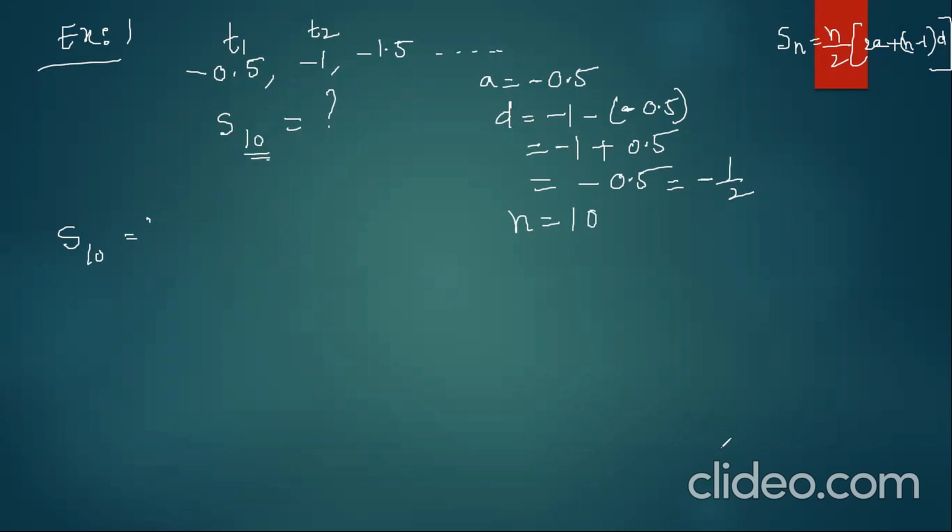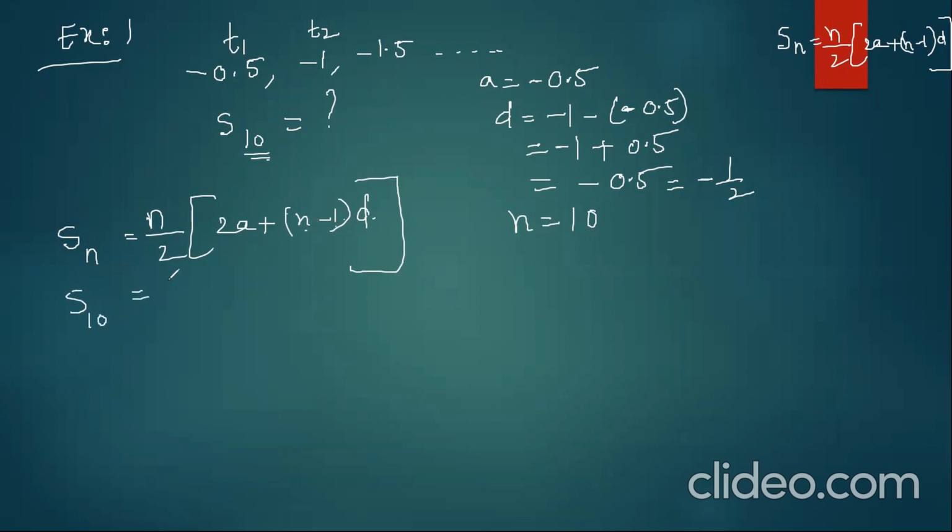Now S10 is equal to n by 2. First let me write the formula and then I'll go with the substitution. n by 2 into 2a plus n minus 1 times d. You keep this in a bracket and then multiply by d. That is very important.